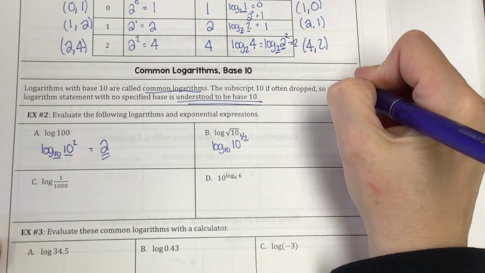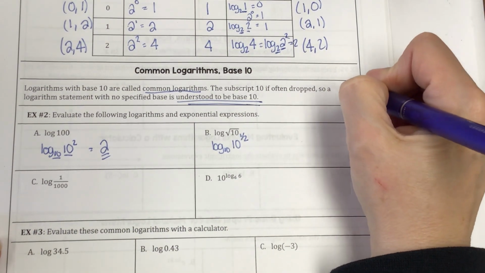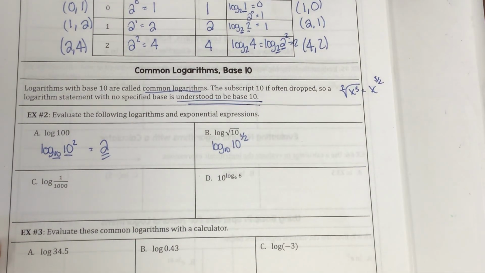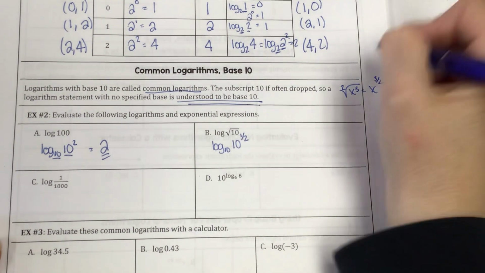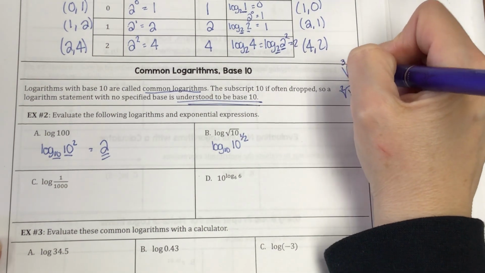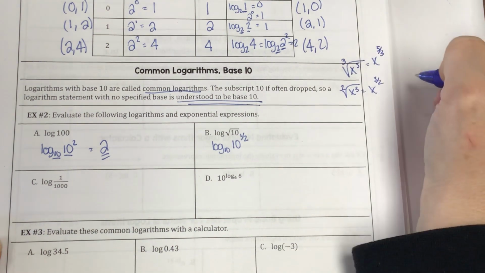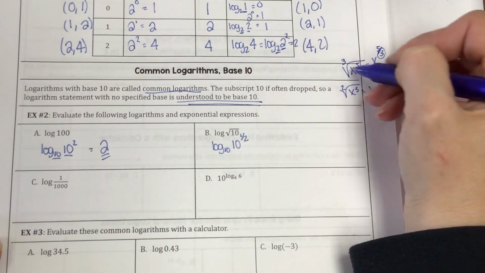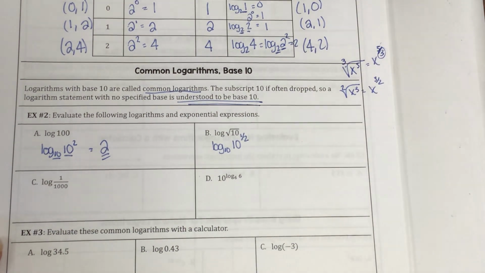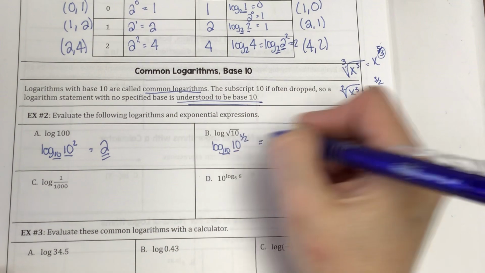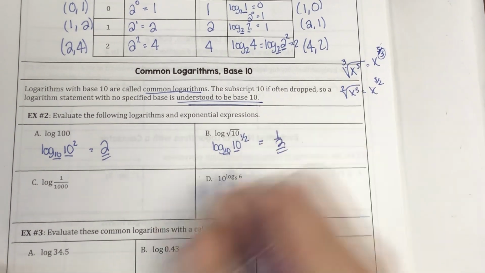If you have the square root of x cubed, that is x to the 3/2, correct? If you have the cubed root of x to the 5th power, that is x to the 5/3. This is your index, this is your exponent. Do you remember that? So here our bases match and we would just get 1/2.